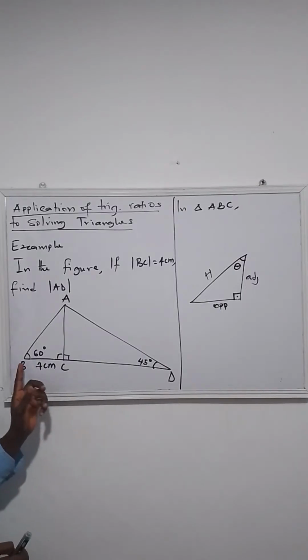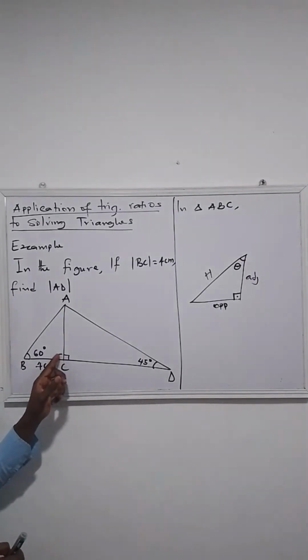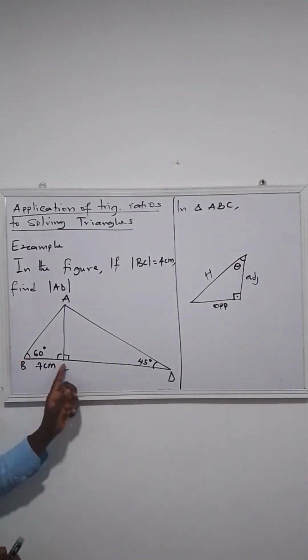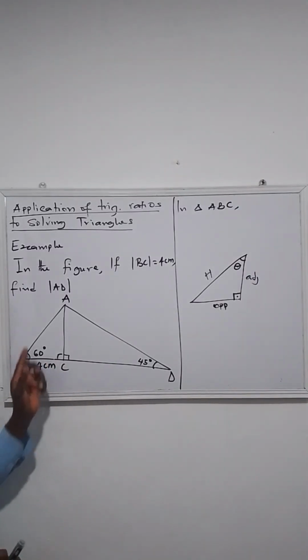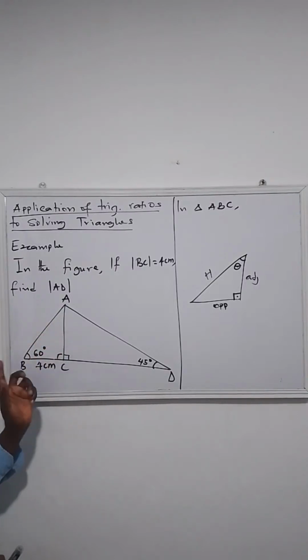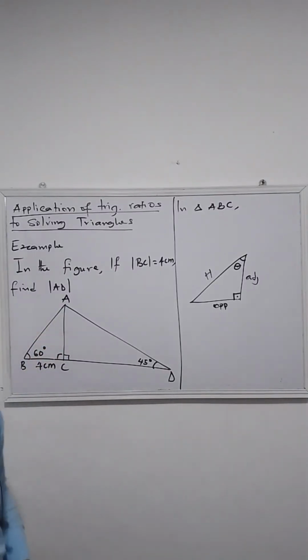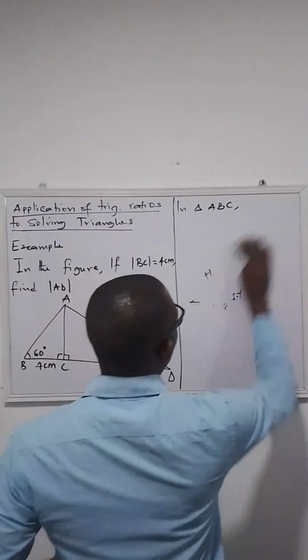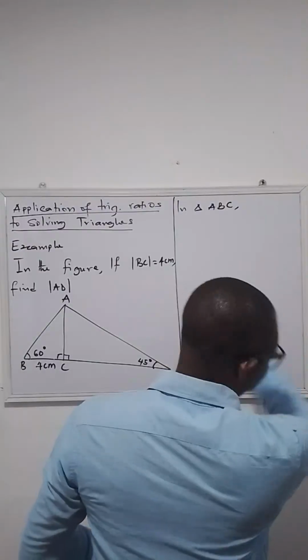BC is the side that is touching angle 90 and is also touching the reference angle. So that makes BC the adjacent of this right angle triangle. We must be able to identify that, as it will help us solve the problem conveniently.